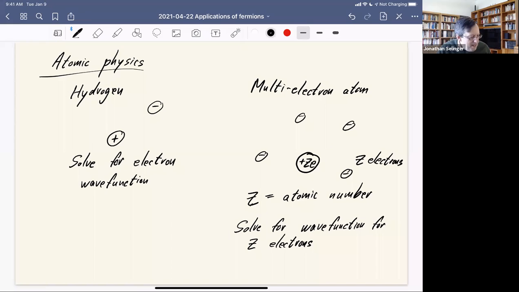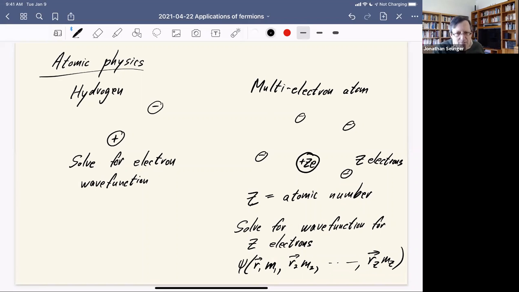So that would be some psi in terms of R1, M1, R2, and M2, up through RZ and MZ, for all of the electrons that are going around the nucleus, with the idea that these are indistinguishable particles, which are all fermions.